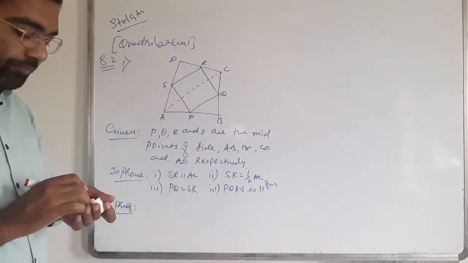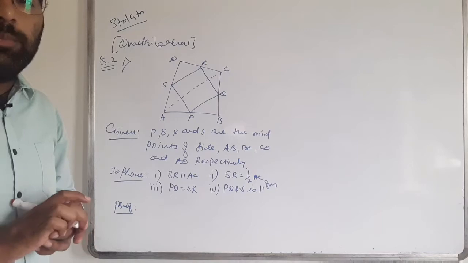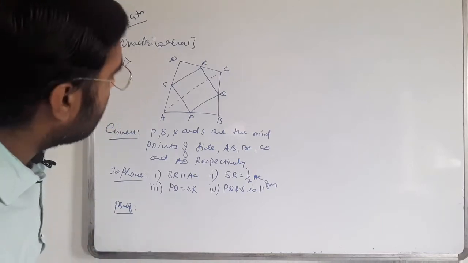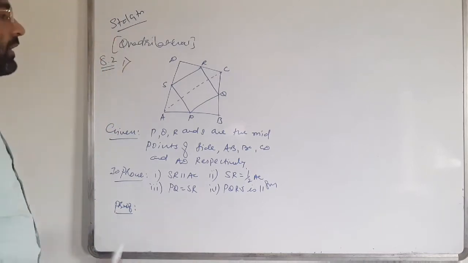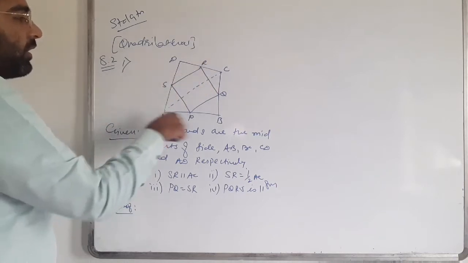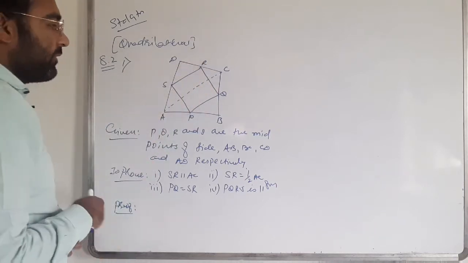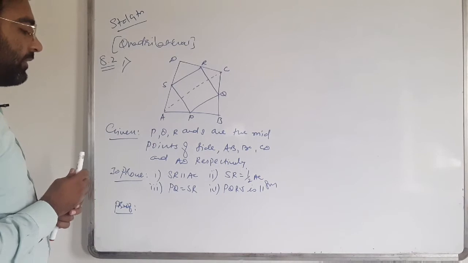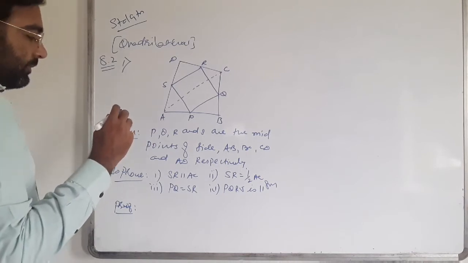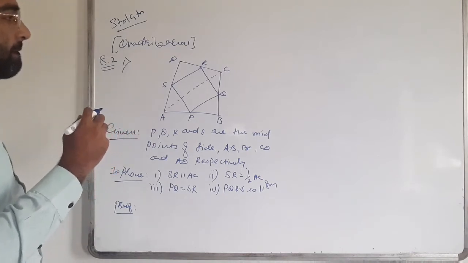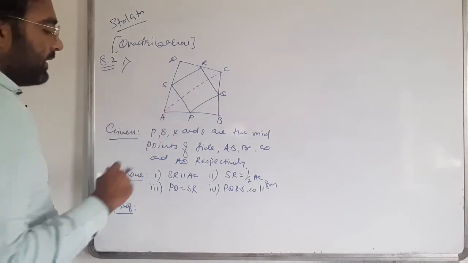In the proof, first of all we have to see triangle ADC or ABC, any one of them you can take first. I'll take triangle ADC first.